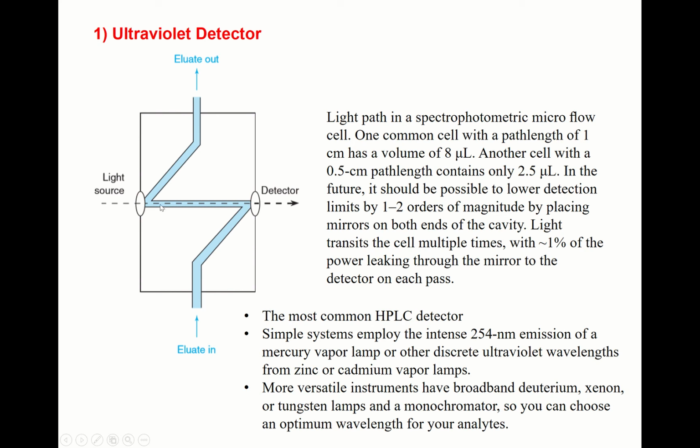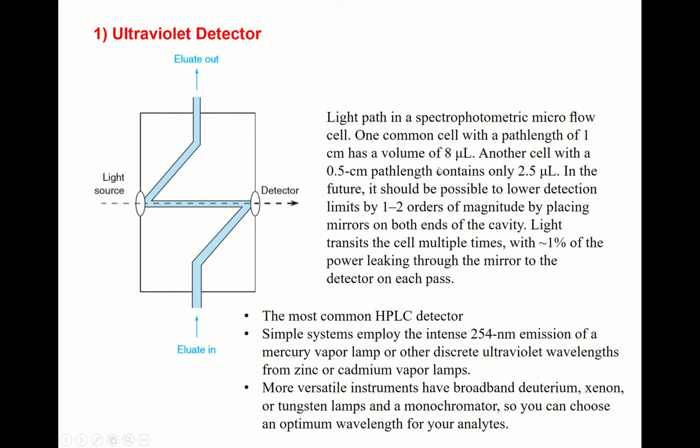This is a linear part, and then this eluate comes out of this part. Okay, and you send the light through this narrow channel, and here you put a detector. So the path length is this one, from here to there. Yeah? It is a long path length. Okay, so that makes detection much easier.